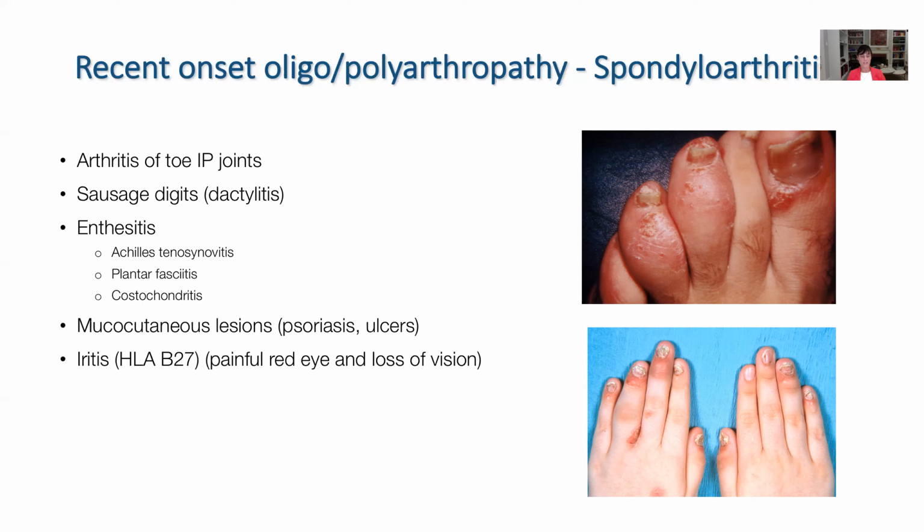This HLA antigen or haplotype is associated with iritis. So these patients often have an increased prevalence of iritis, which is a serious form of inflammation causing a painful red eye and can cause irreversible loss of vision.